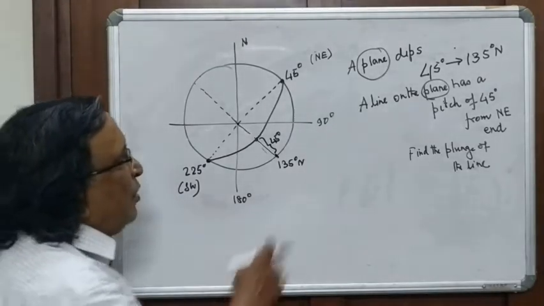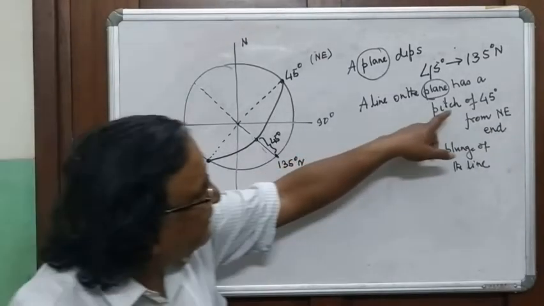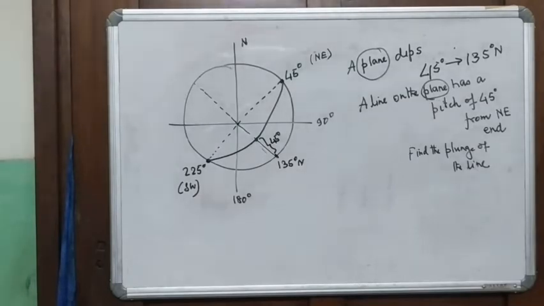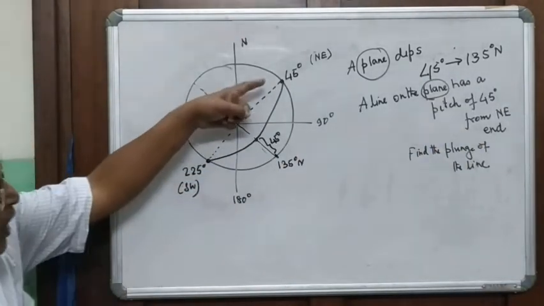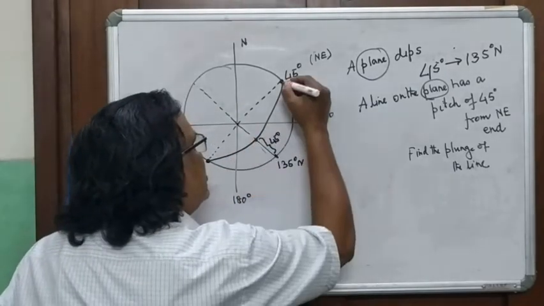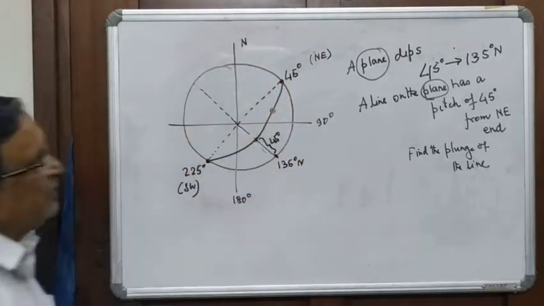So now, what do I do? 45 degrees. What is the pitch of the line? 45 degrees from the northeast end. So this is 90, this is 0, so I come here roughly.